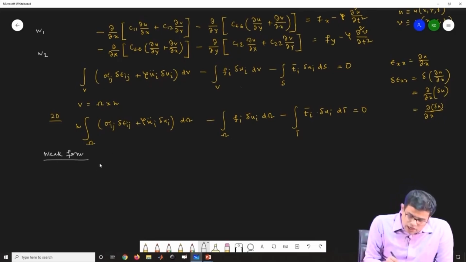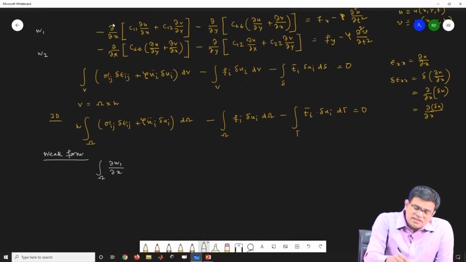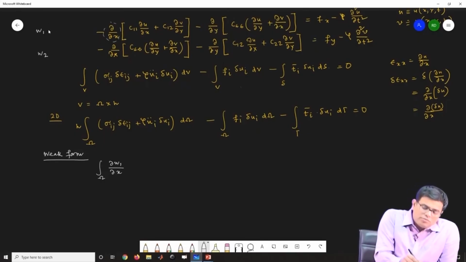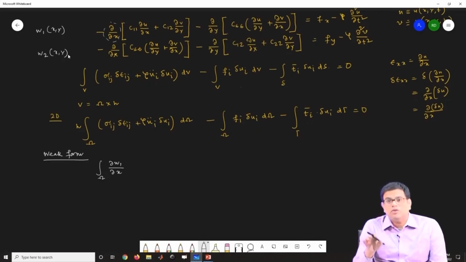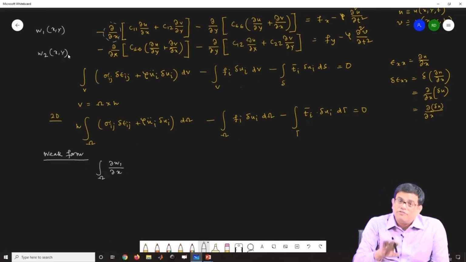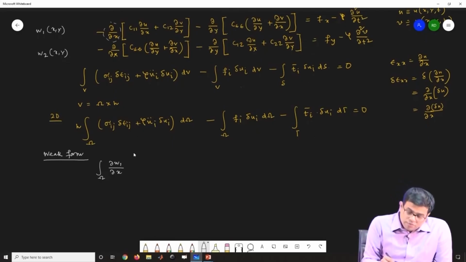Essentially it will look like this: over omega, del W1 del x, where this quantity is transferred to W. The weight function is again a function of xy, because your domain is not one-dimensional, it is a two-dimensional domain. So this will look like C11 del u del x plus C12 del v del y.